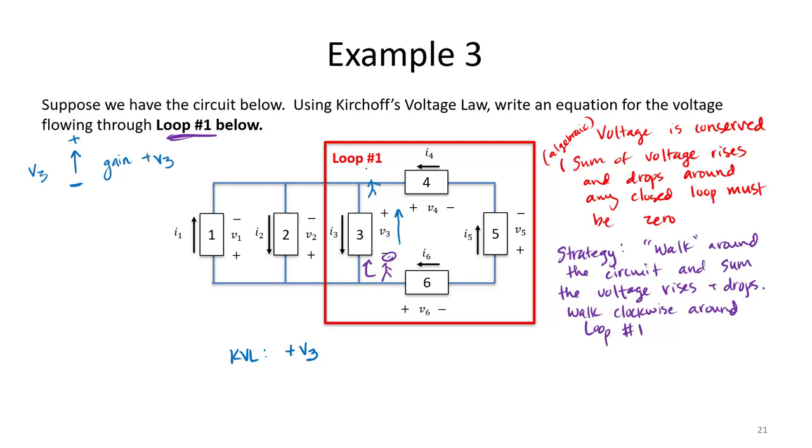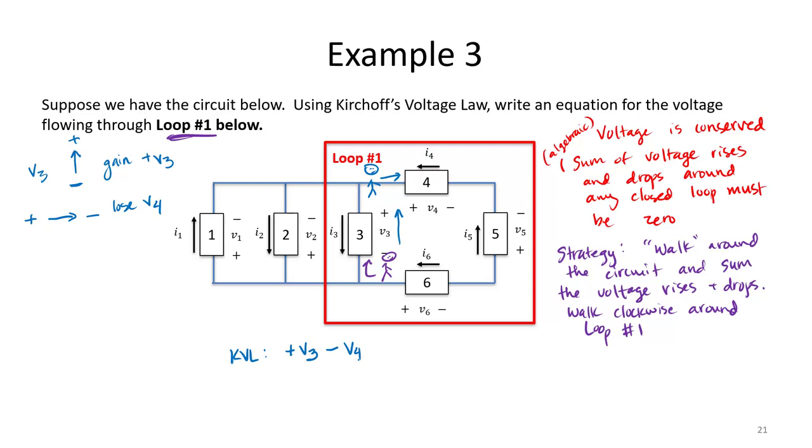So now I'm about ready to walk through the next component. For V4, notice I am going from a positive across to a negative. So here, I am going to lose V3 because I'm going from high voltage to low voltage. Oh, I'm sorry, not lose V3. I'm going to lose V4 when walking through V4.